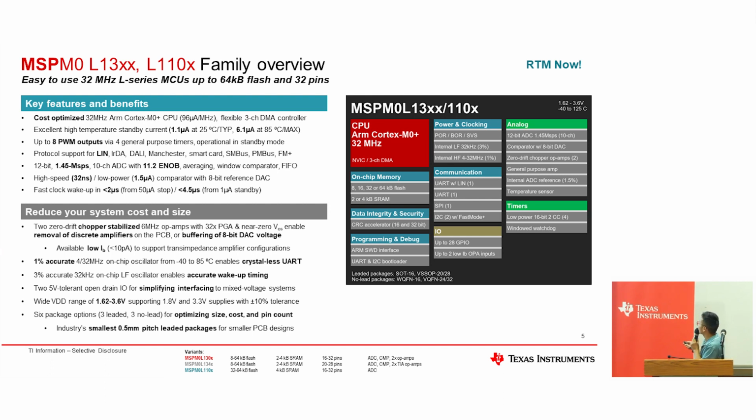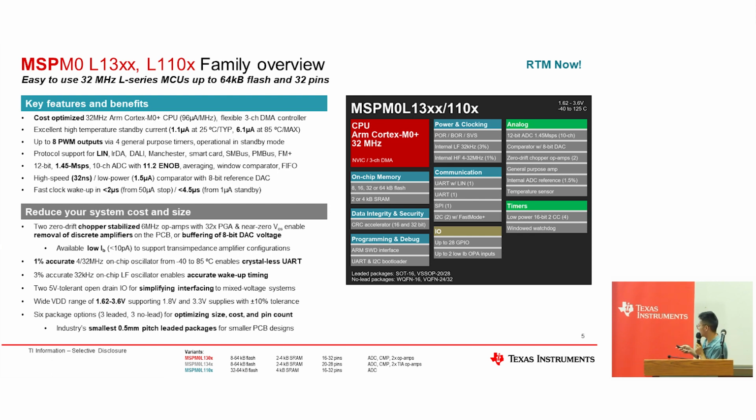The next is that we have a zero-drift chopper amplifier on our device. It uses chopper technology and makes the input offset zero. For this device, I just highlight those few points.